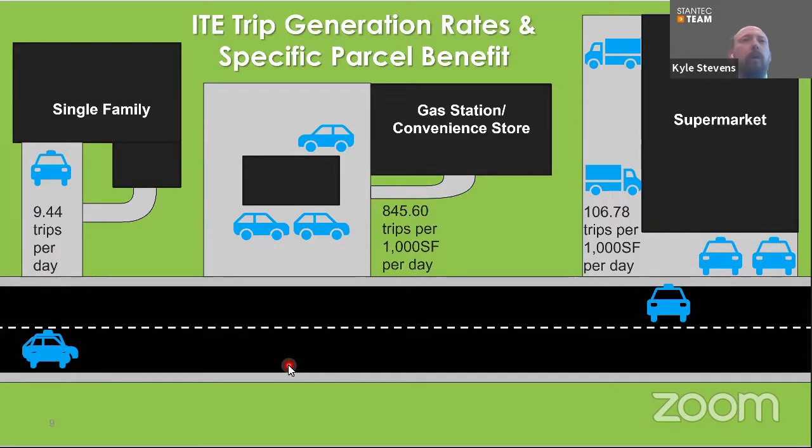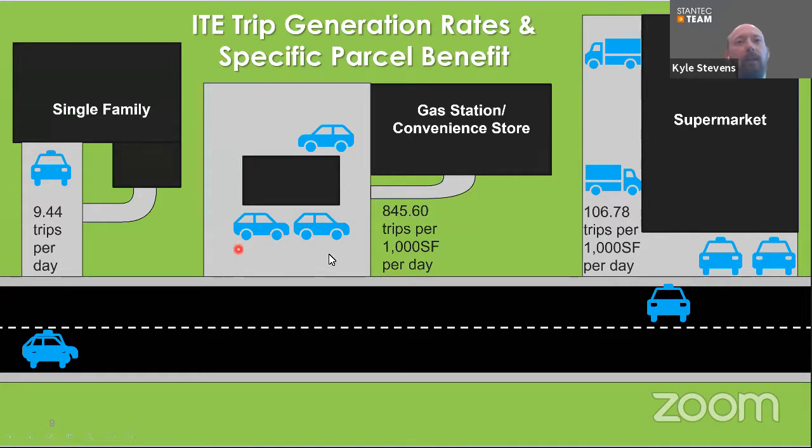It's really a mechanism by which we can compare how different land uses utilize and benefit from a free and passable street. And so in this example, I've just put 3 different land use types. I've got a single family home, and we use the ITE trip generation rate. It's an industry standard manual that has observational data about different land uses and the amount of trips they generate on a daily average. And so single family homes, that's roughly 9.44 trips per day.